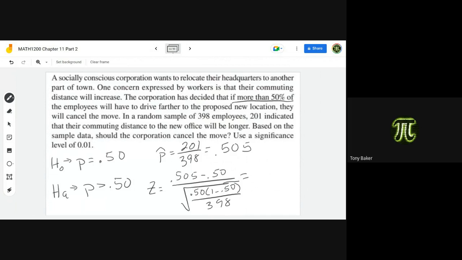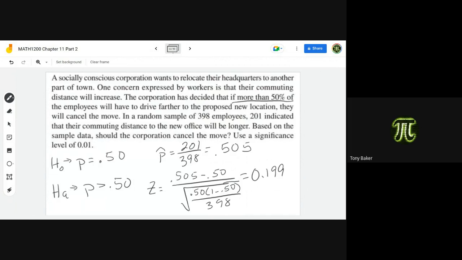And what do we get? All right. So now we'll use the T table.